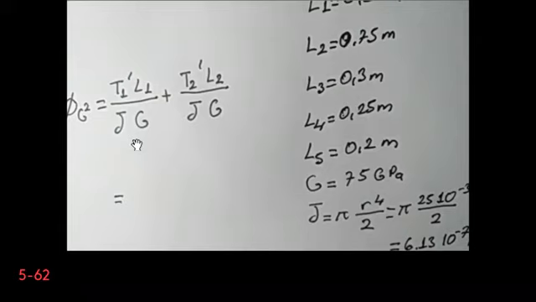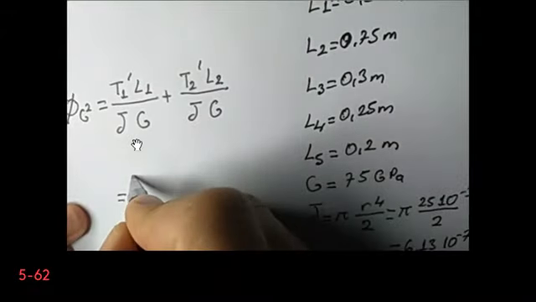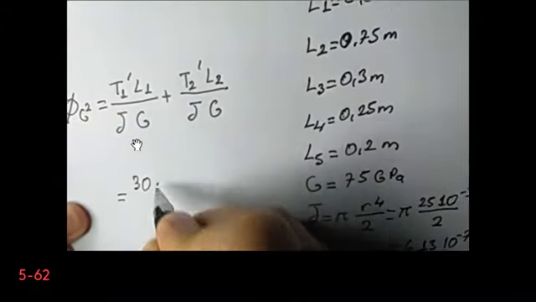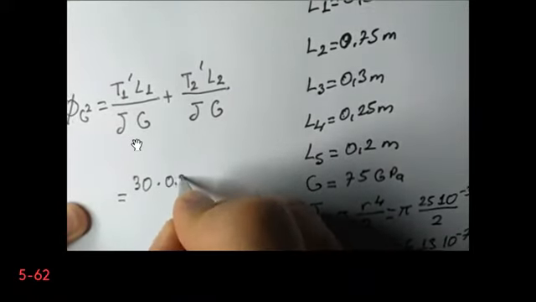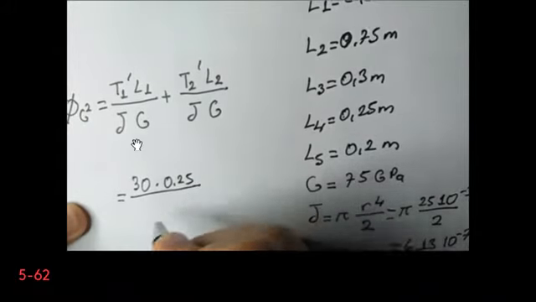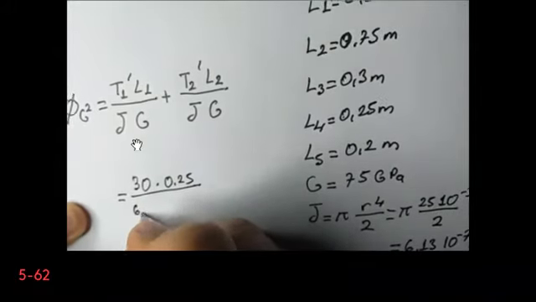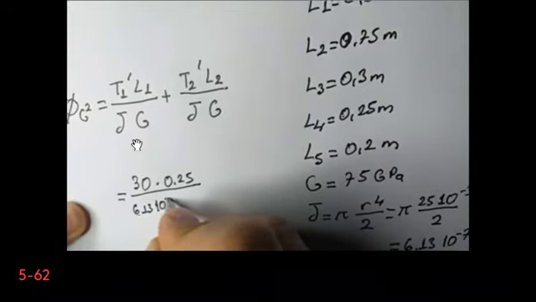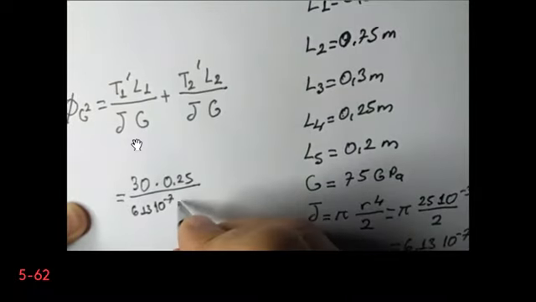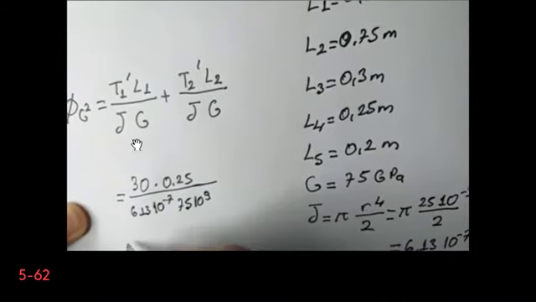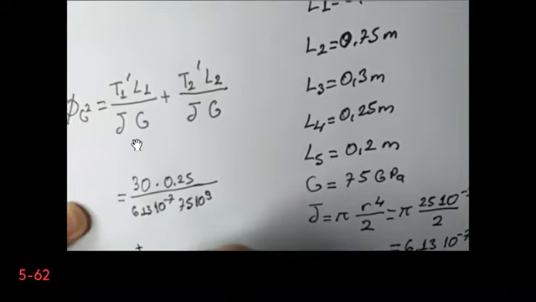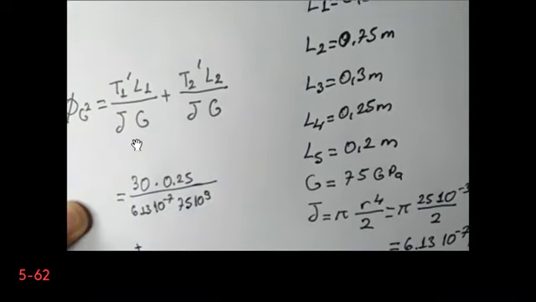So T1 prime is 30 Newton meters. This is 30 multiplied by L1. L1 is equal to 0.25 divided by J. J is 6.13 10 to the power minus 7 multiplied by 75 10 to the power 9, plus T2.